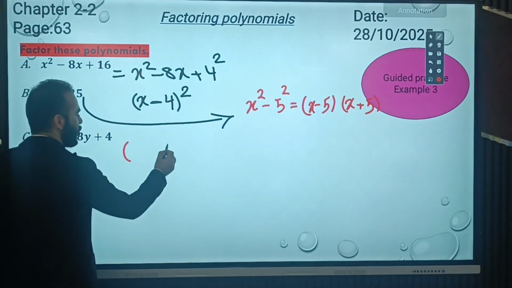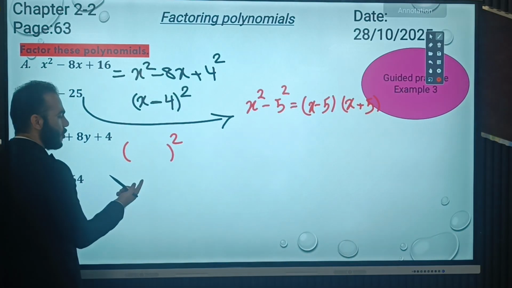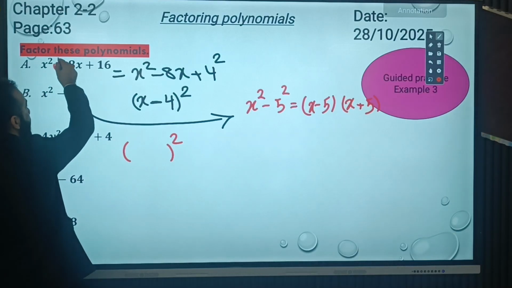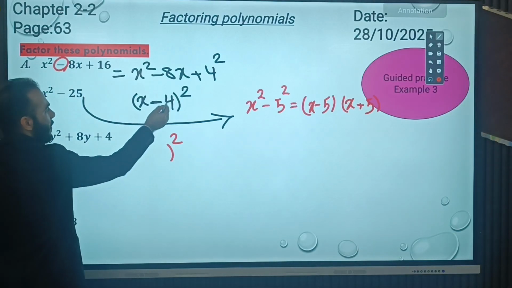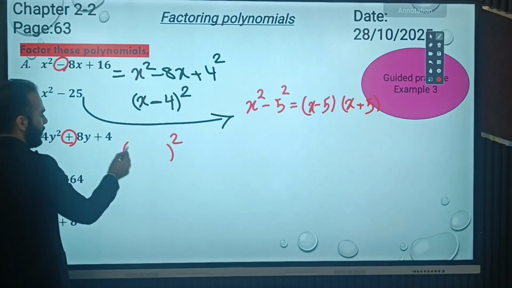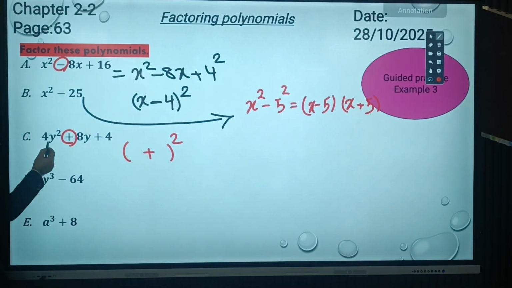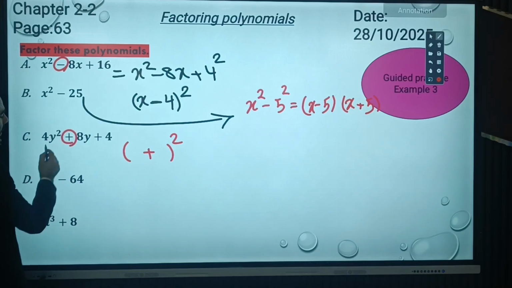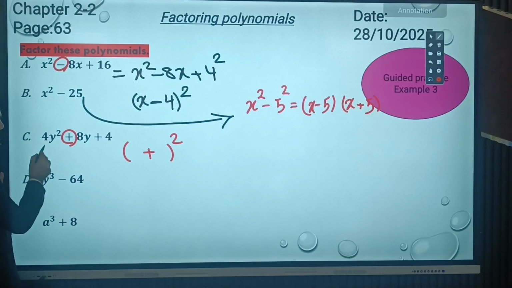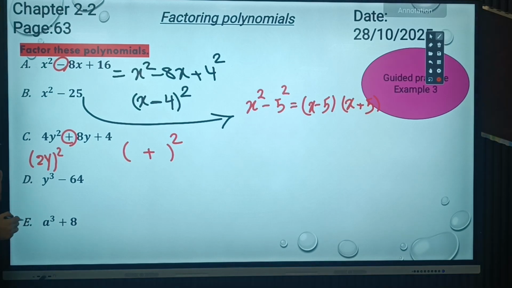So it is the square of a difference or sum. Here, since there was minus, it was the square of a difference. But here, since there is plus, it's the square of a sum. So if you want to write this one in that way, in that case, 4y squared, we can write it in this way, like 2y all squared, in order to make a power form of it.